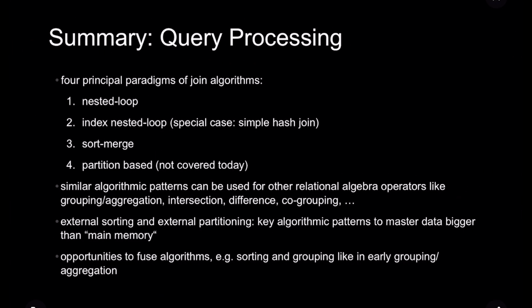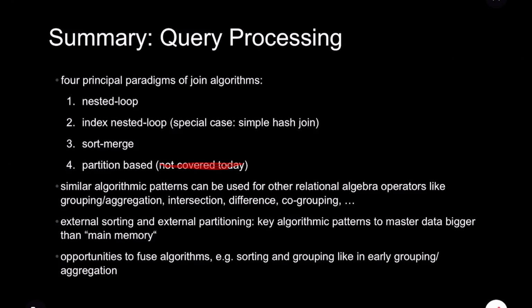Okay, so summary for query processing. There are 4 principal paradigms of join algorithms: nested loop, index nested loop with this important special case simple hash join, sort merge join, and partition-based, not covered today, well, kind of. The co-grouped is a partition-based join algorithm.